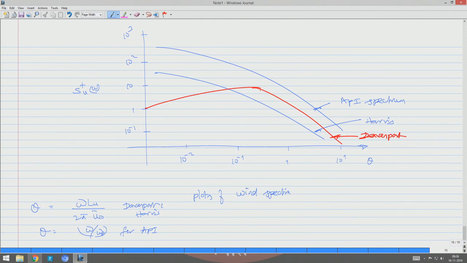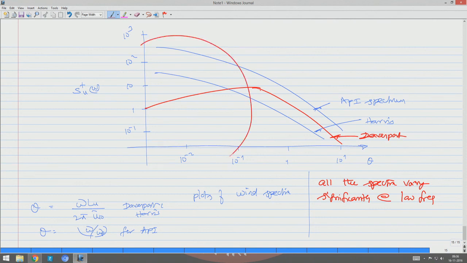So, there is a very important observation we can make by looking at these spectra. All the spectra vary significantly at low frequency. You can see here, when the frequency is lower, the variation is significant.